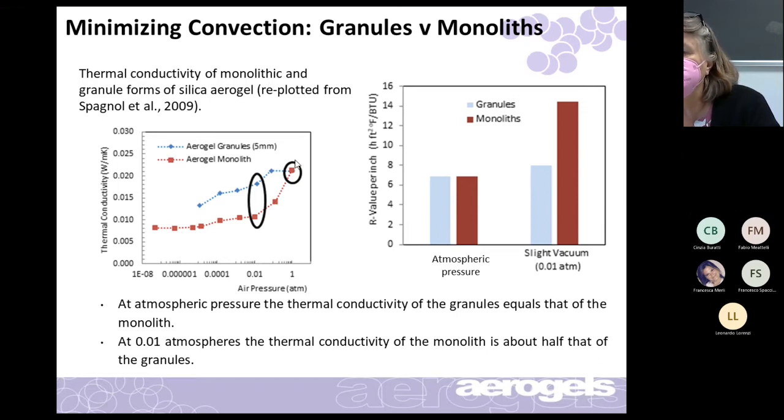At atmospheric pressure, they're the same. There's not really any difference, but it's when you pull a vacuum. And this plot over here was for a sort of window application. And this is the thermal resistance value of aerogels.